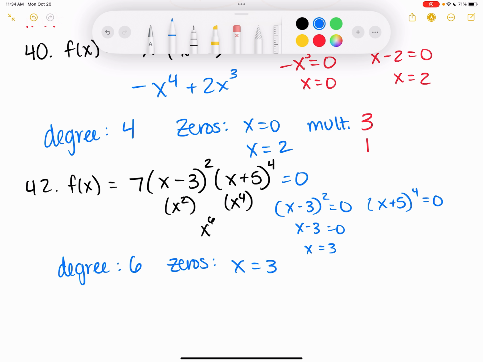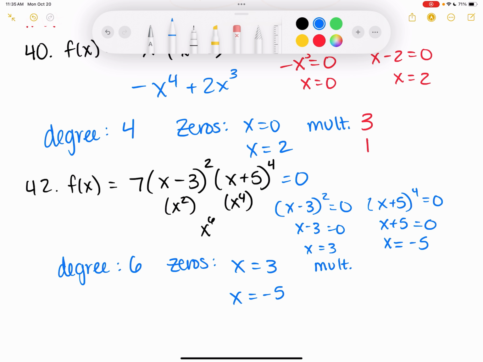Over here, the x plus 5 to the fourth, I'm technically taking the fourth root of both sides, which just leaves me with x plus 5 is equal to 0. Then I'm subtracting 5, so x equals negative 5. So my other zero is x equals negative 5. Now, the multiplicity of each of these is determined by the power of that whole piece. Okay?